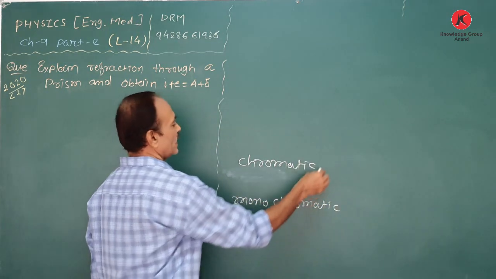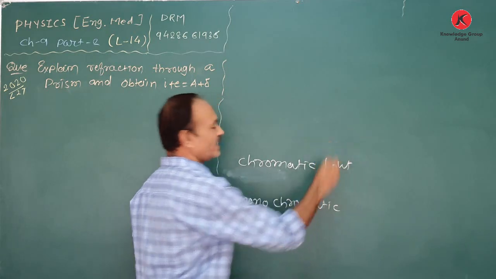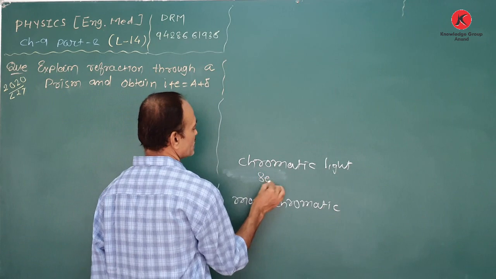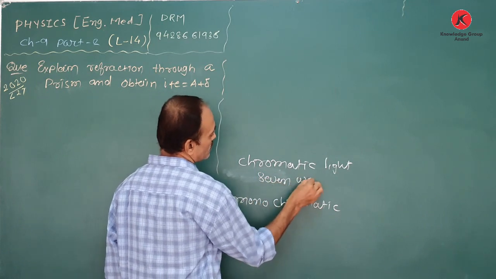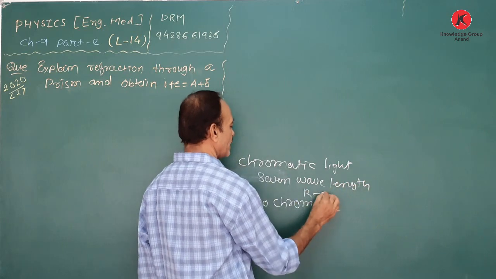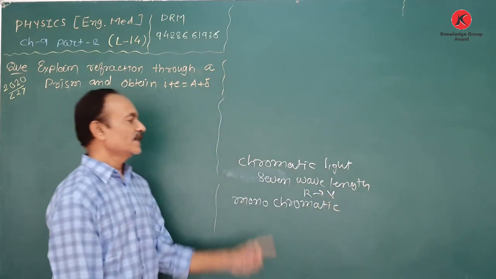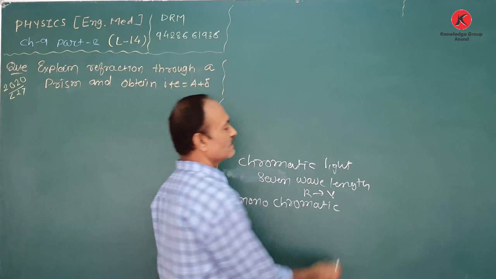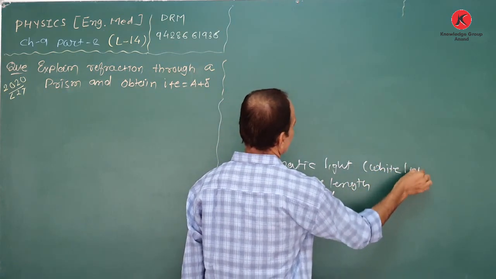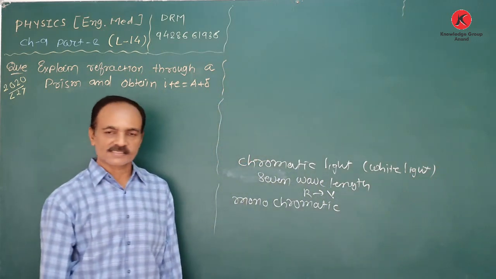What is chromatic light? Chromatic light is made up of the 7 colors, that means 7 wavelengths, from red to violet. Actually, this chromatic light is white light, that is the combination of the 7 colors.